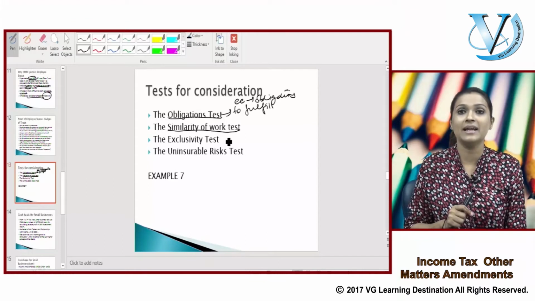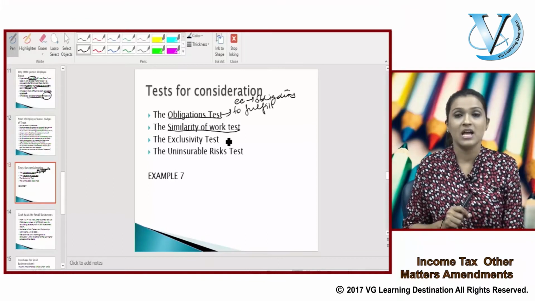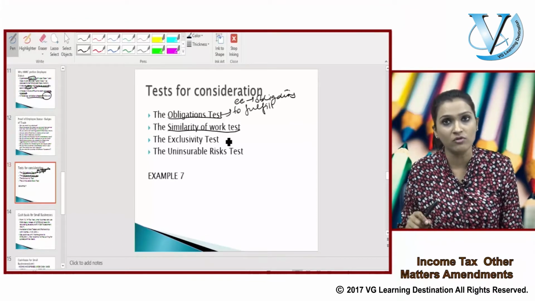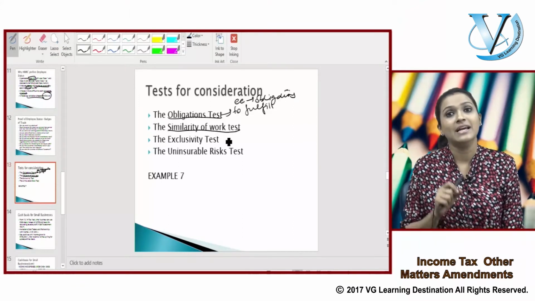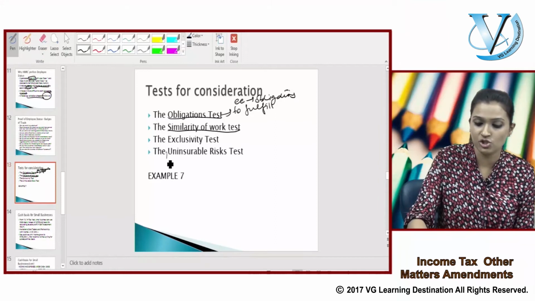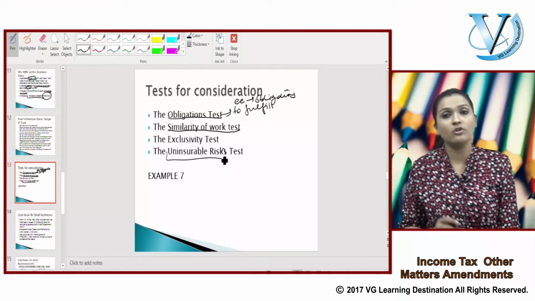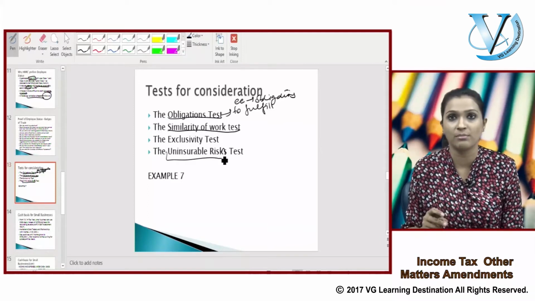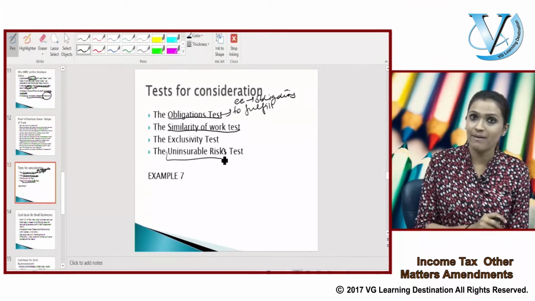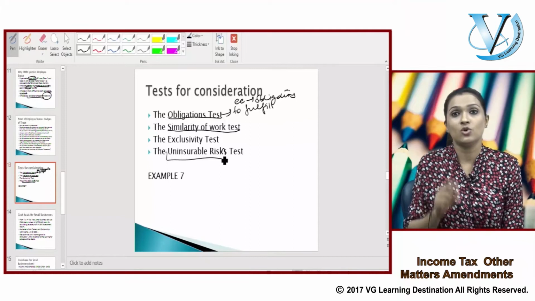What else? The uninsurable risk test, which means that there are a few risks against which you cannot insure yourself. These are known as the uninsurable risks. Now you're going to check who bears these uninsurable risks. Does the employer bear the risk? Then definitely you are an employee.